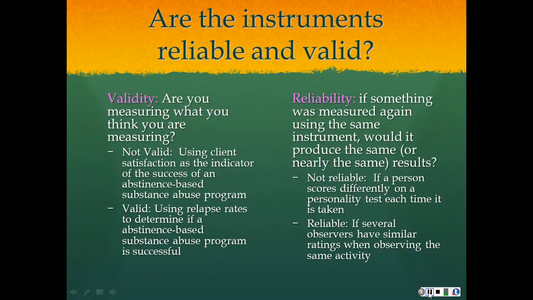Well, whether or not the client likes the program or not is not as important as whether or not they're not using drugs or alcohol. So, I mean, of course you want them to like the program, but they might like the program and still keep drinking or using drugs. So you would want to use relapse rates, for example, or the urinalysis tests that we talked about earlier to determine the success of the program.